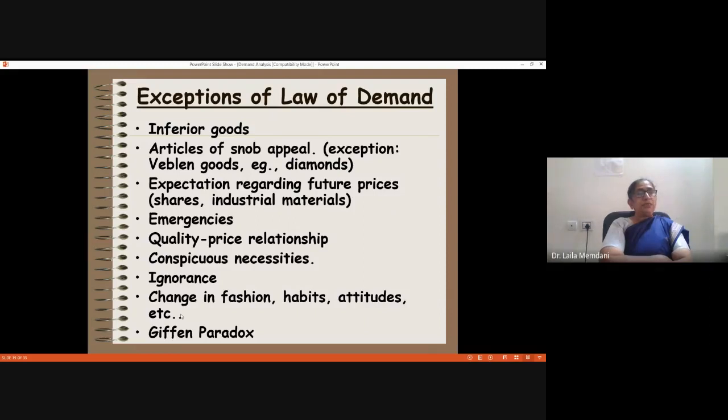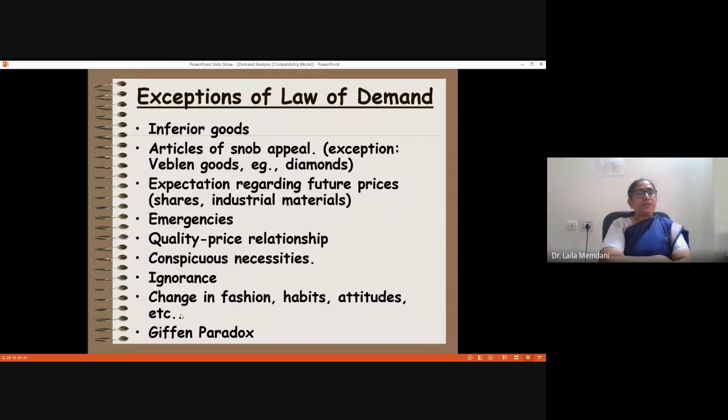In India, you can take it as an inferior good because as soon as the income rises, people switch on to the better one. Then the other category is the articles of snob appeal, where you want to show off your riches, like diamonds. They are also called Veblen goods.